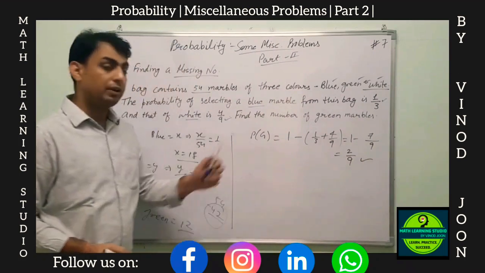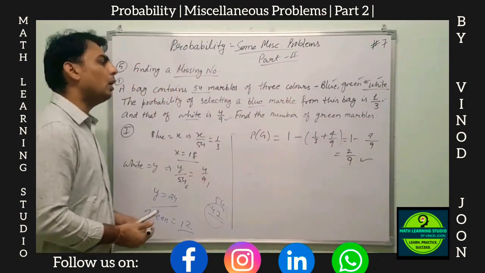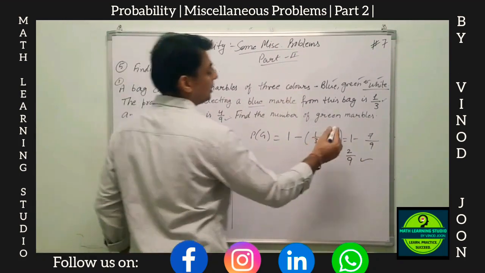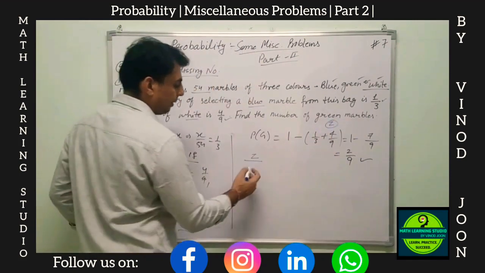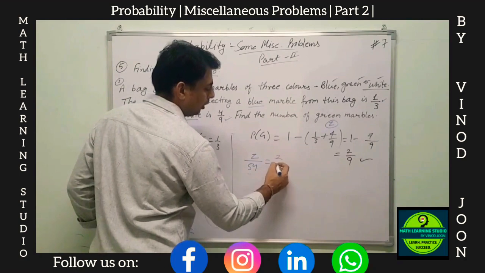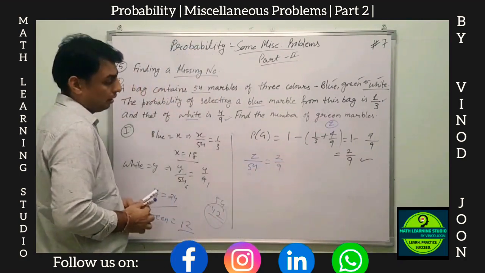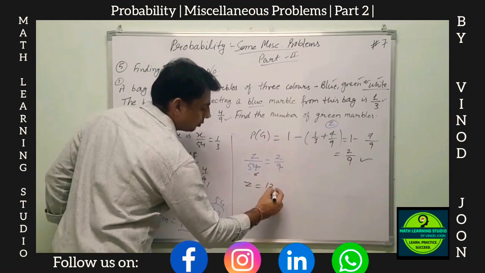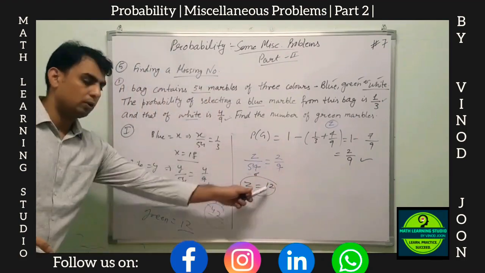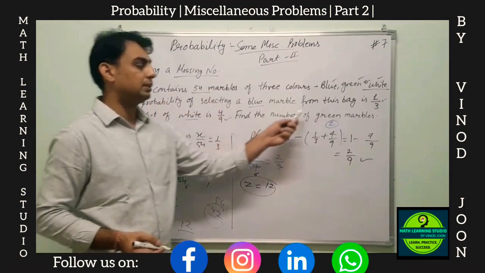So the probability of green will be 2 by 9. And now we can say that say Z numbers are green marbles. Okay, Z by 54 will be equal to 2 by 9. And again 9 ones are 9, 6 are Z, equal to 6 into 2, 12. So again we got the same number. So the number of green marbles is 12.